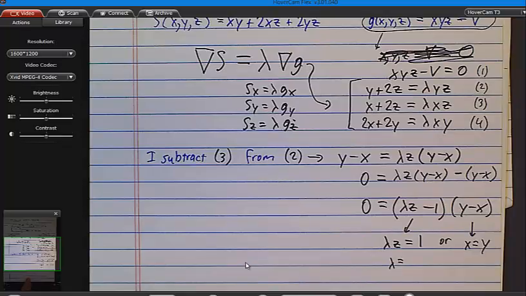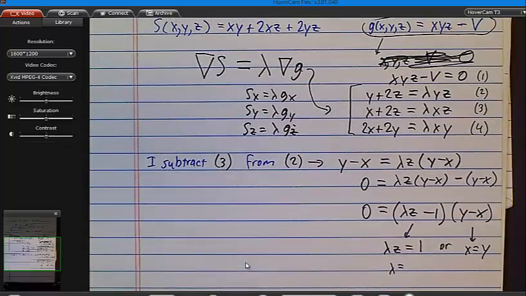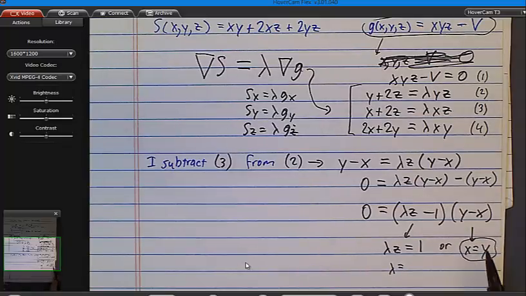Oh yeah, then can't you go into equation 4 and just substitute in x for y? I solve both those for lambda, and I get similar stuff, but at some point I can get rid of these and get just x equals y. We got x equals y here. Yeah. So, fine.